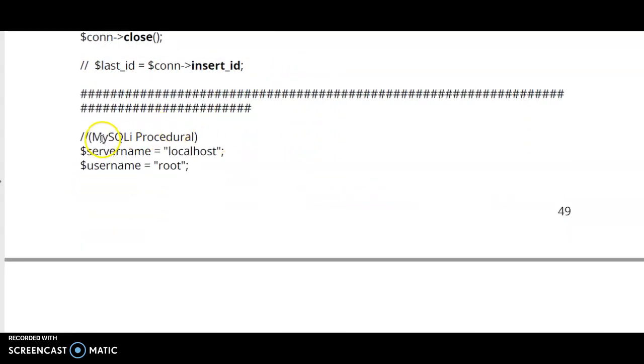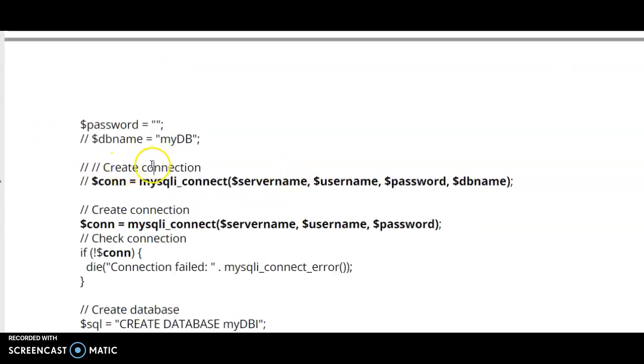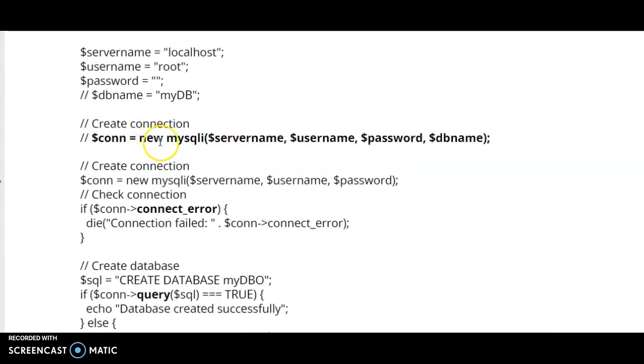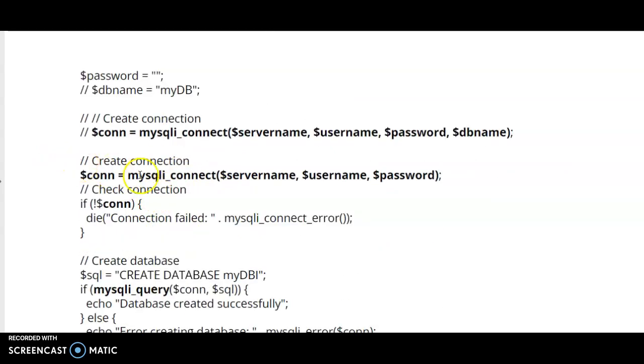For the MySQL procedure oriented, the server name is localhost, username root, password if any, DB name MyDB. Create the connection with mysqli_connect, then server name, username, password, DB name, same as the object oriented, only here instead of new mysqli it is mysqli_connect. If the DB name is not passed in the connection creation, then we only use $con mysqli_connect with server name, username, password.